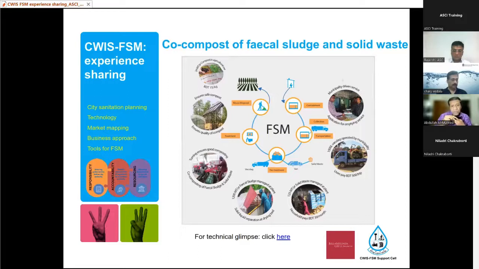One is the solid waste, which is an acute problem. Of course, fecal sludge, which is again a growing concern, and definitely for sanitation experts like us, that comes first. And the third one, which is not common, is the poultry waste. Sakhipur municipality has many poultry farms, and they have the poultry waste also. So this is an interesting story.